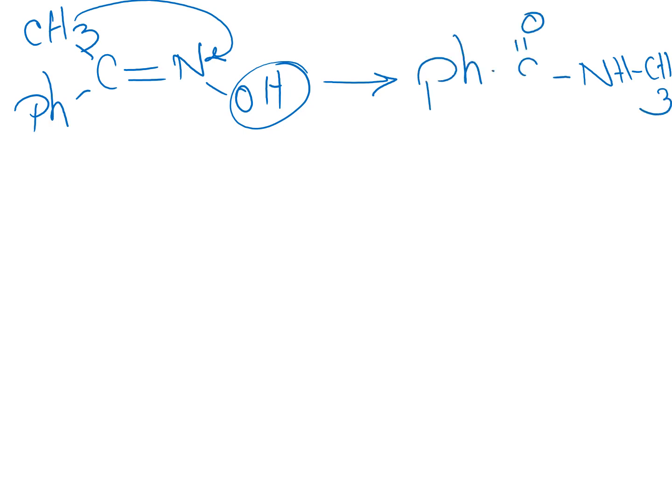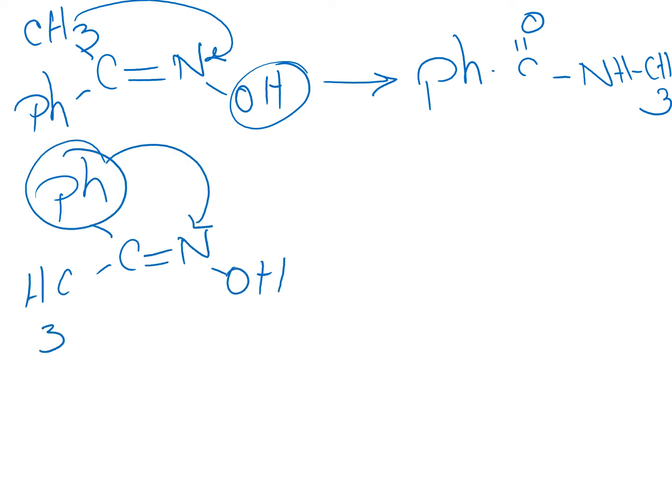And the phenyl will stay on the carbon. However, if you have the other isomer where you had the phenyl anti to the OH, the phenyl is the group that will actually migrate to the nitrogen, and the methyl will stay on the carbon.